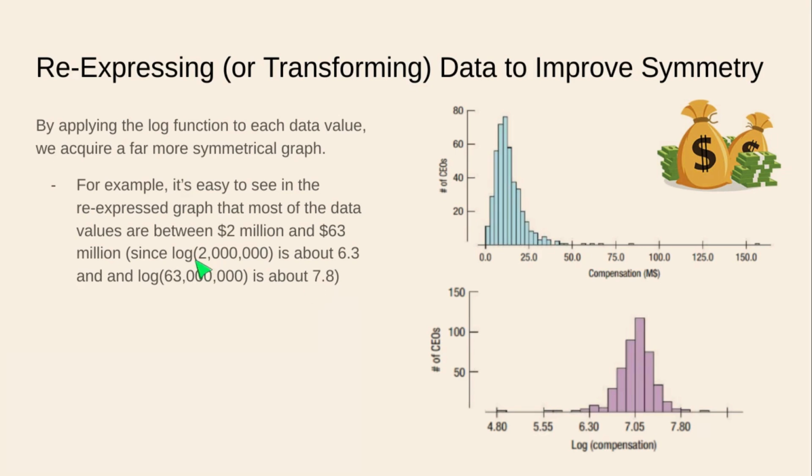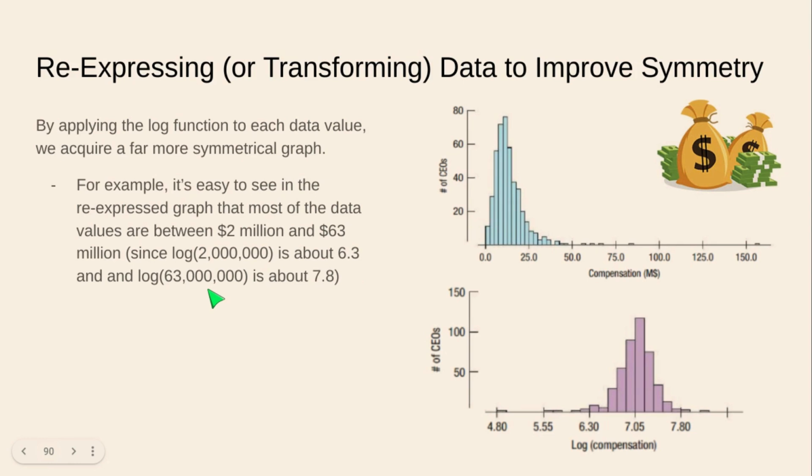You can see that the log function takes a big number and makes a little number. So we work backwards, and we'll talk more about how to do this later on. But we can just look at this graph here, see where most of our data lie, and work backwards, all right? 6.3 corresponds to $2 million. 7.8 corresponds to $63 million, right?